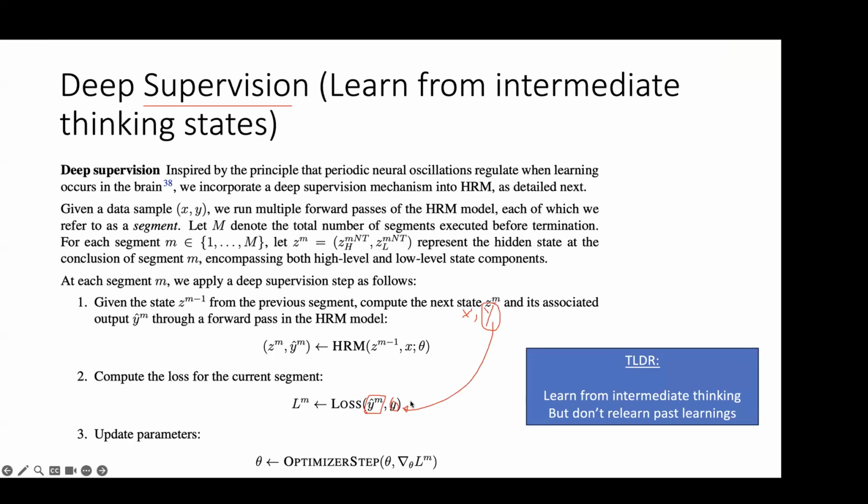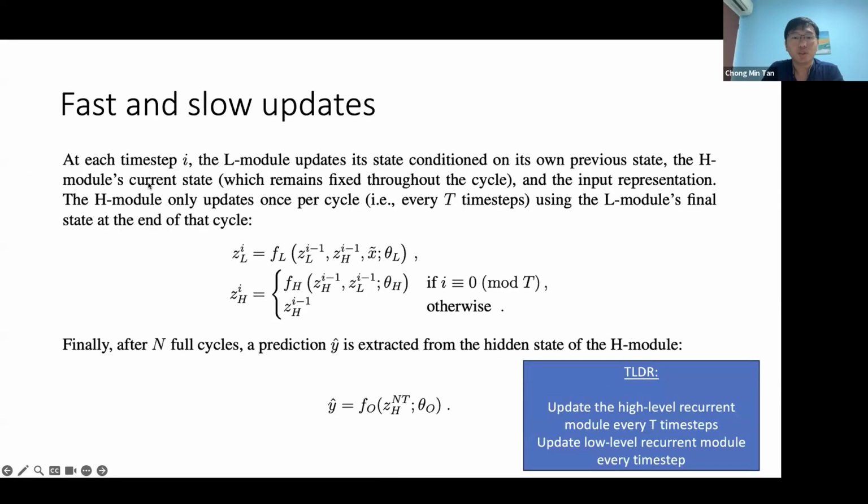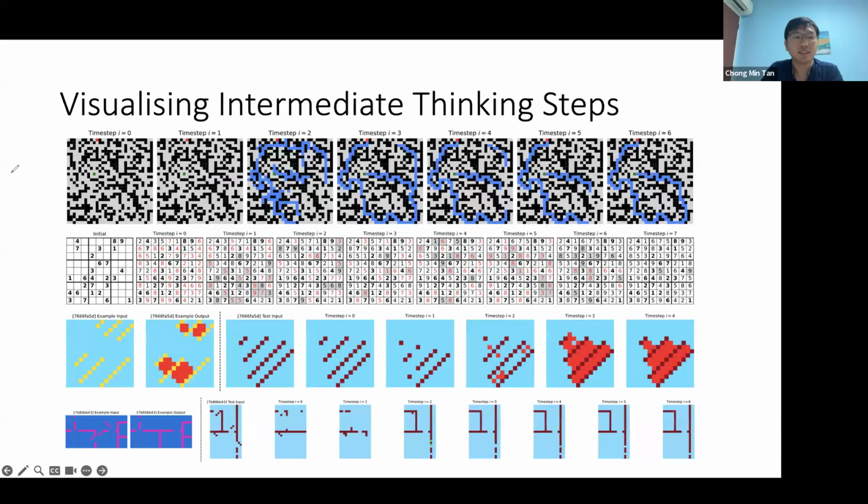Can you use the example in the previous slide? Yes, I can. So let's say this is the ground truth, and your Y hat is your predicted. At every time step, you have a different Y hat. So this is Y hat for time step 2, this is Y hat for time step 3. You can actually do your cross entropy loss for every single cell of this grid, compare this grid to this grid, and get a loss function for time step 2. You can also get a loss function for time step 3 by comparing this grid to this grid.